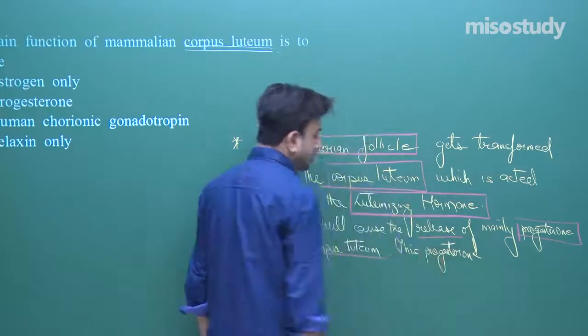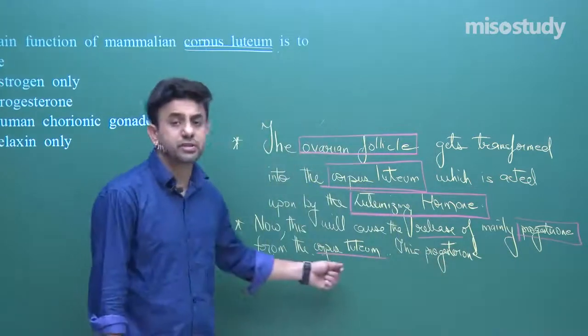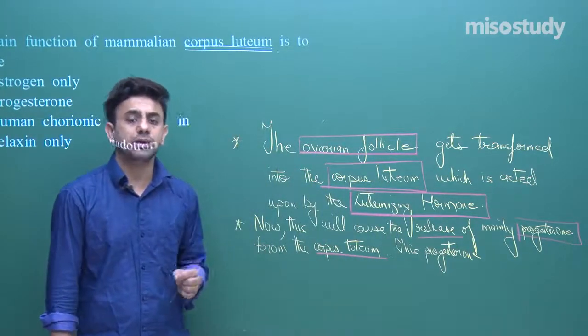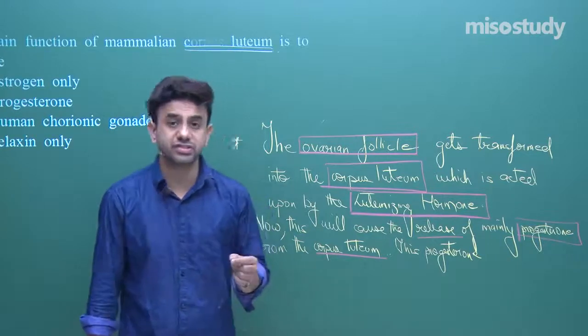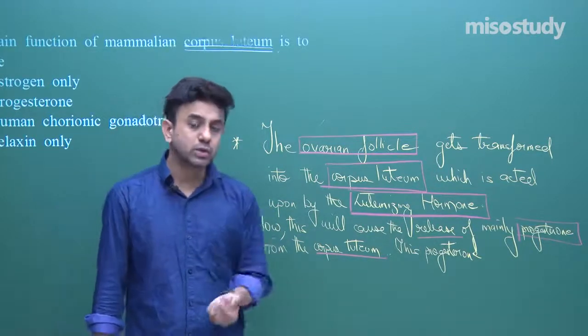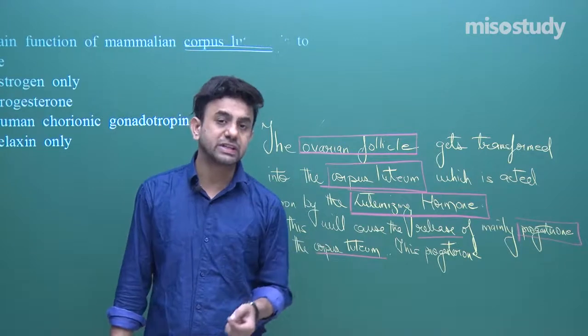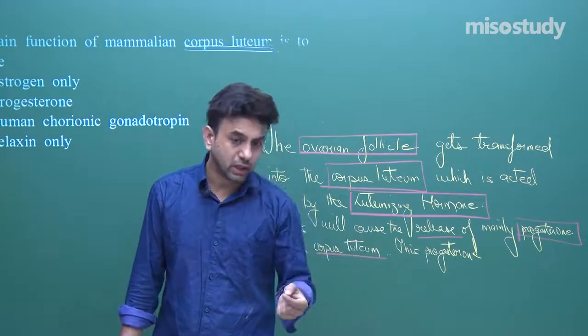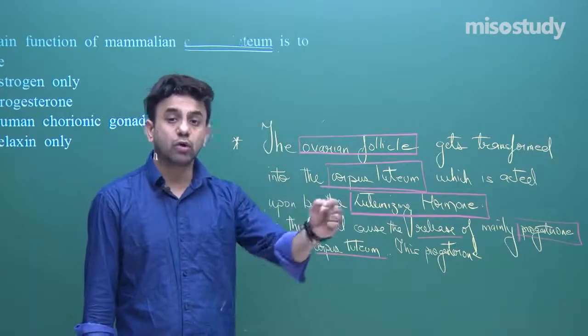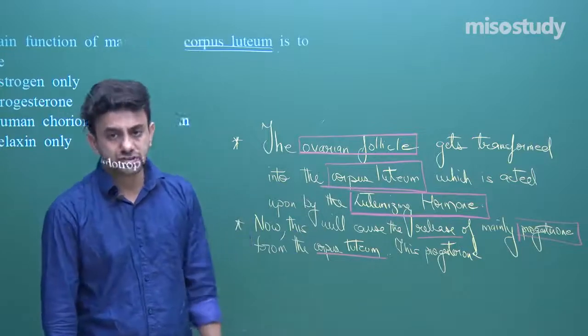This progesterone which is released from the corpus luteum will maintain the endometrial lining of the uterus. Why? So as to prepare the uterus so that the zygote can get implanted into the uterus, right?